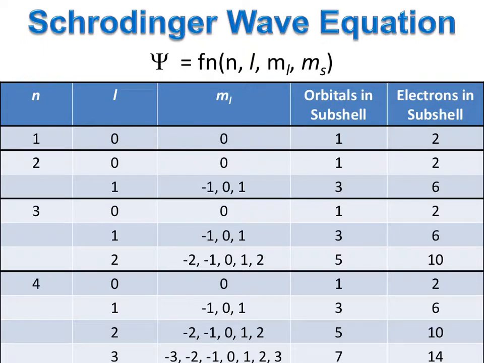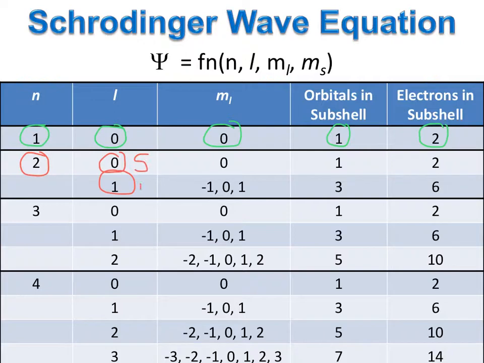This table gives you a feel for all the different orbitals and subshells and shells that occur with the different quantum numbers. When n equals 1, l can only be 0. When l is 0, m sub l can only be 0. And thus there's only one orbital, with 2 electrons in that orbital. When n equals 2, we have 2 different values, l equals 0 and l equals 1.